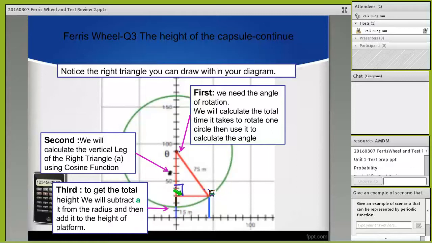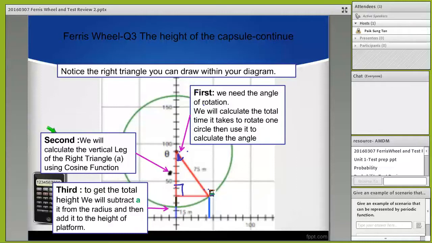We want to know how far it has traveled. It has traveled this much. This is the angle that we're looking at right here, and we call it theta. First, we need the angle of rotation. We need to figure out what the angle is, and then we will calculate the total time it takes to rotate one circle. Then you use it to calculate the angle.